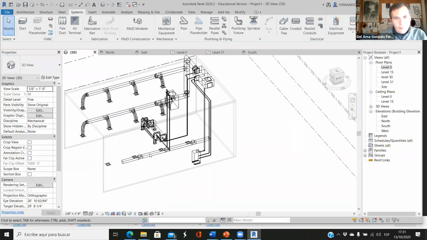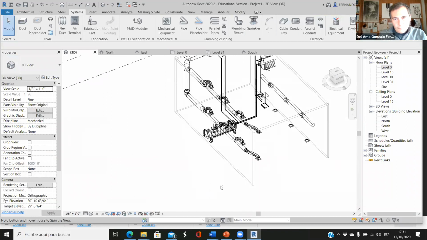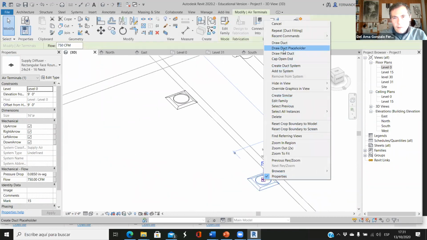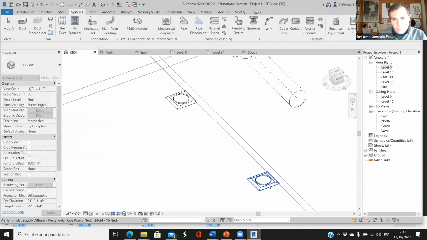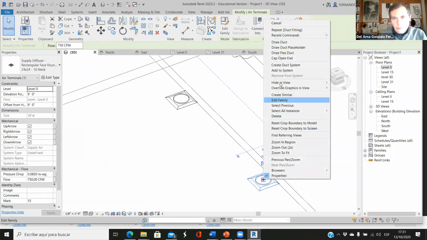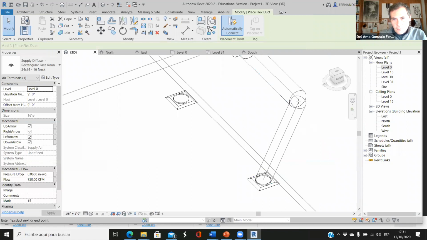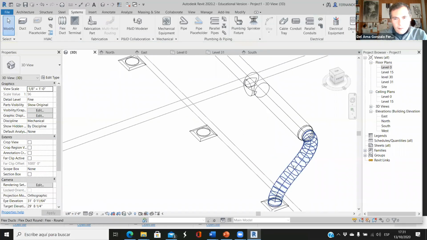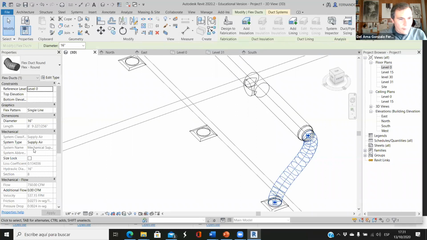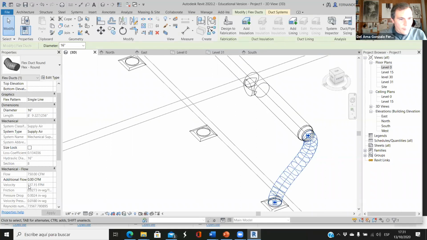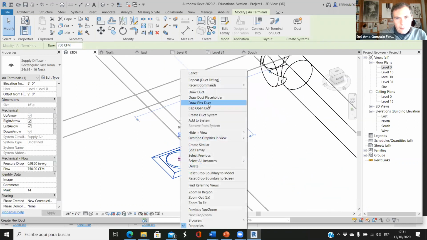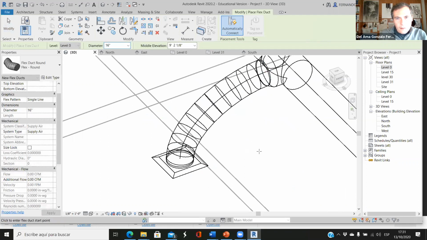Okay, then with the 3D, we can connect a flex duct here. This is 16, by the way. Yes, it's 16, and the velocity is 500. Great. So now we connect this here.